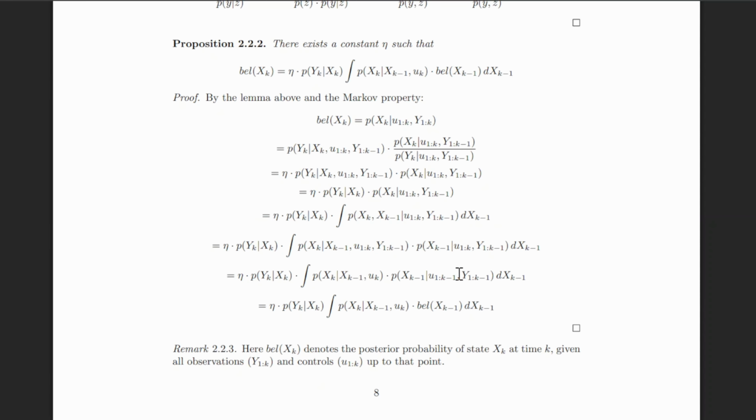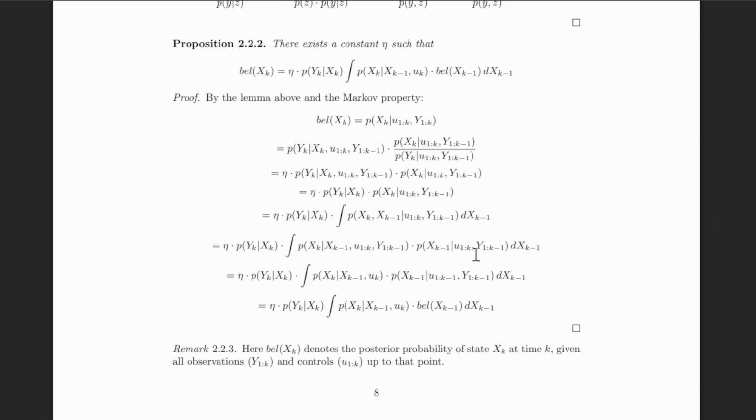We can do this by using the definition of the conditional probability, which says that the probability of x_k with the condition x_{k-1} equals the probability of x_k and x_{k-1} divided by the probability of x_{k-1}, and we multiply both sides with the probability of x_{k-1}.